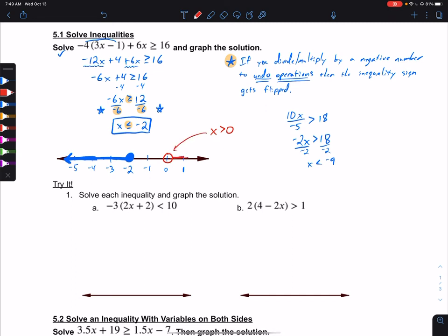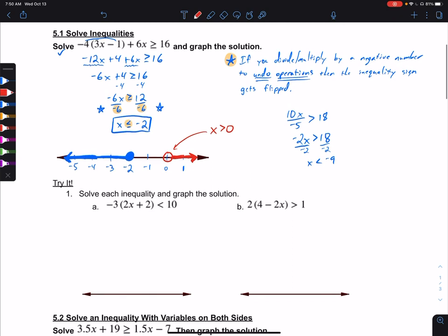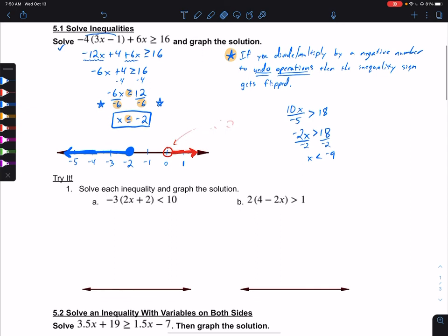Then you would shade right in this case, and you would have something that looks like this. But what's important to note is that if there is an equal sign, you need to have a closed circle. If there's no equal sign, in the case of that 0 one there, it would be an open circle. So let's get rid of that so we don't think that's part of our solution.